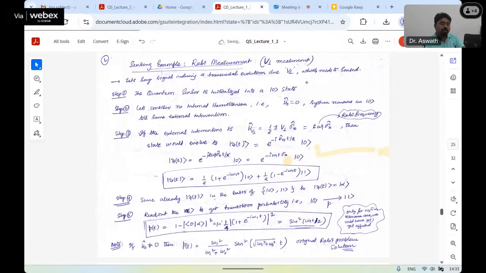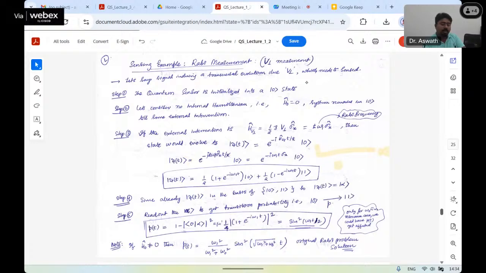Pauli x acting on the 0 ket is the exponential of Pauli x with omega 1 t multiplied. So I have gone from this line to this line.